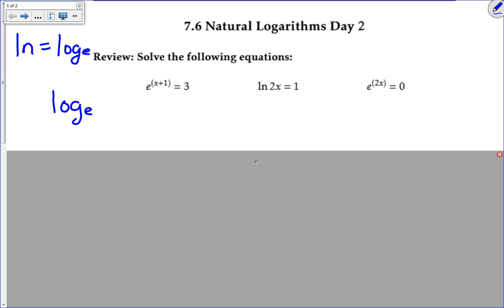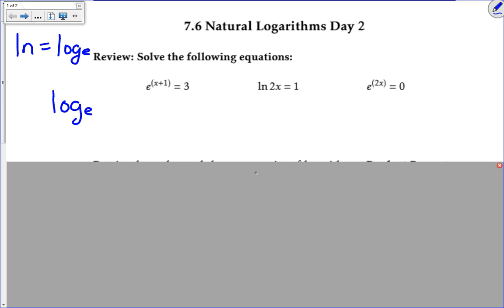Then what? 3 is equal to x plus 1. So can we rewrite log base e now? Right. So we can replace log base e with ln. So ln of 3 equals x plus 1.